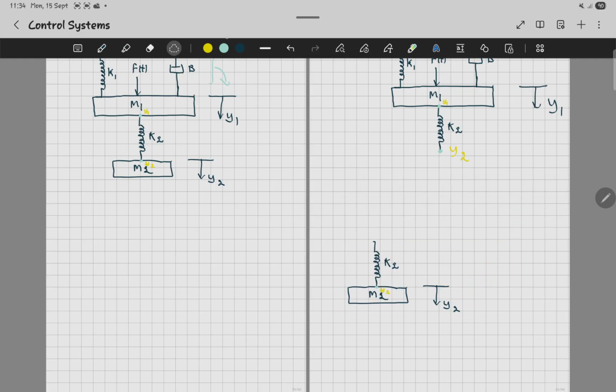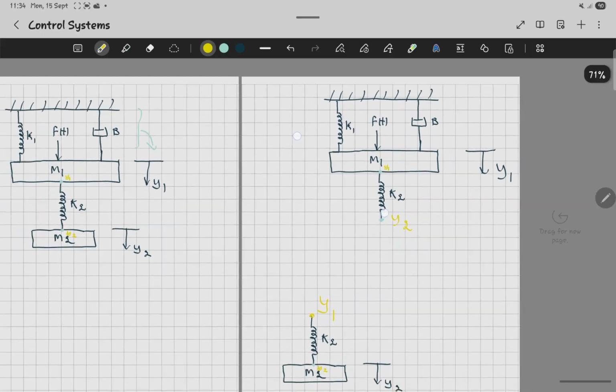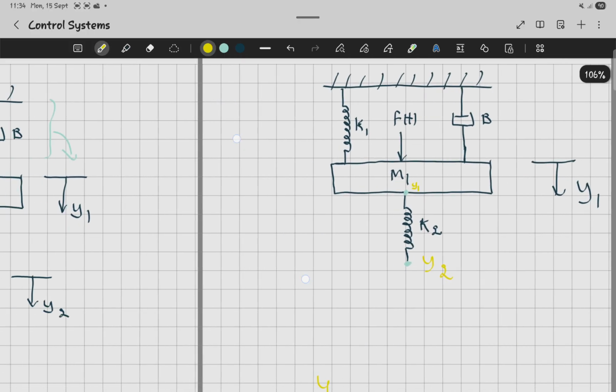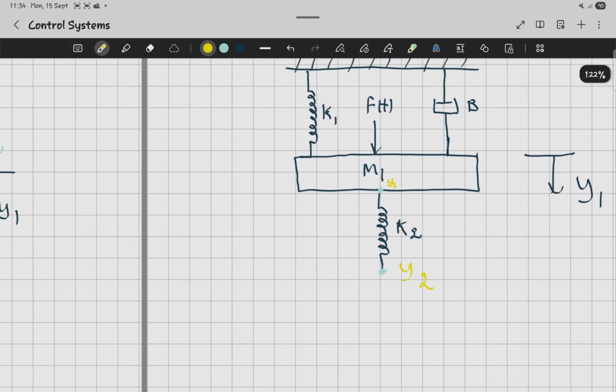So this is what you're gonna get for it, and remember this is where we have y1. So this is how I've broken it down. You take everything connected to the mass, you move it aside, and you break it down so then you can solve and get all the equations.